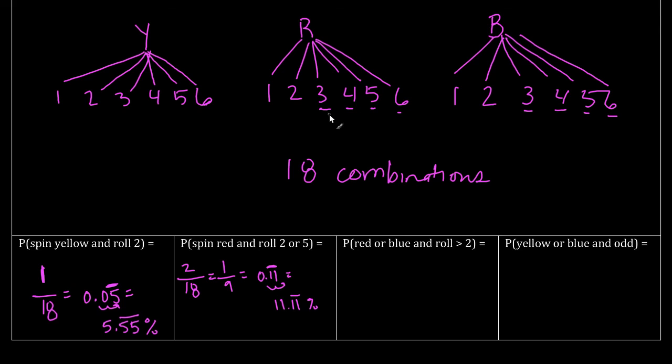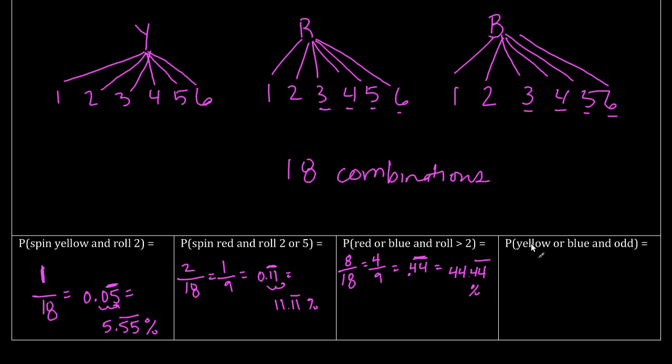So that's 8 out of 18 possibilities, I guess. So I'm going to reduce that to 4 out of 9, which is 4.44 repeating, which is 44.44 repeating percent.